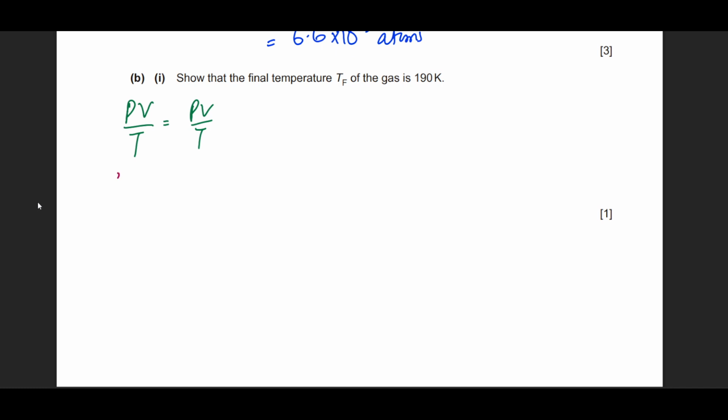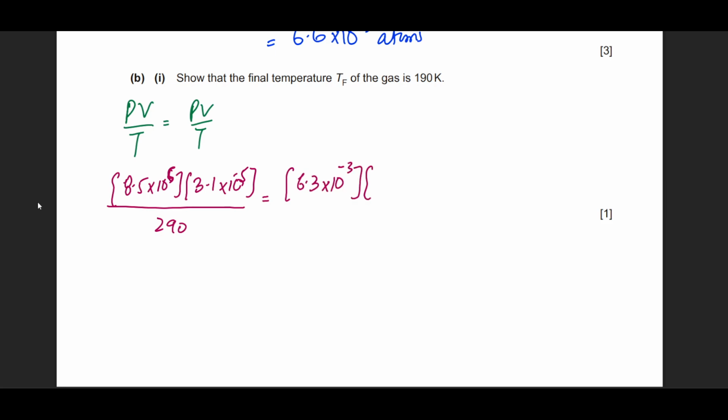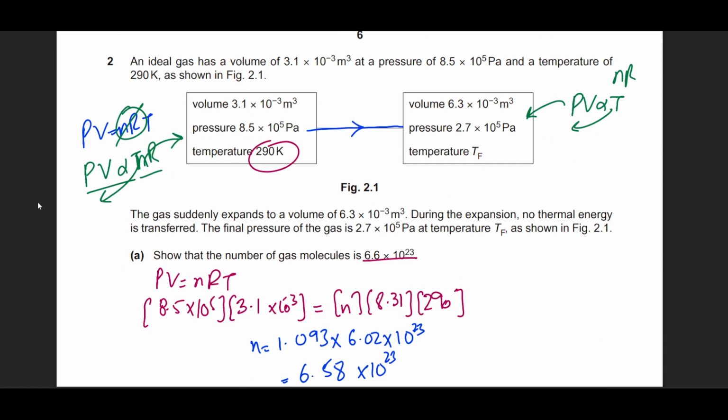So these are the pressure and volume for the first situation, which is 8.5 into 10 raised to the power 6. Sorry, it's 5 multiplied by volume, which is 3.1 into 10 raised to the power minus 5, divided by temperature, which is 290, equals the pressure of the second situation, which is 6.3 into 10 raised to the power minus 3 into 2.7 into 10 raised to the power 5, divided by T, which is TF, which we didn't know.